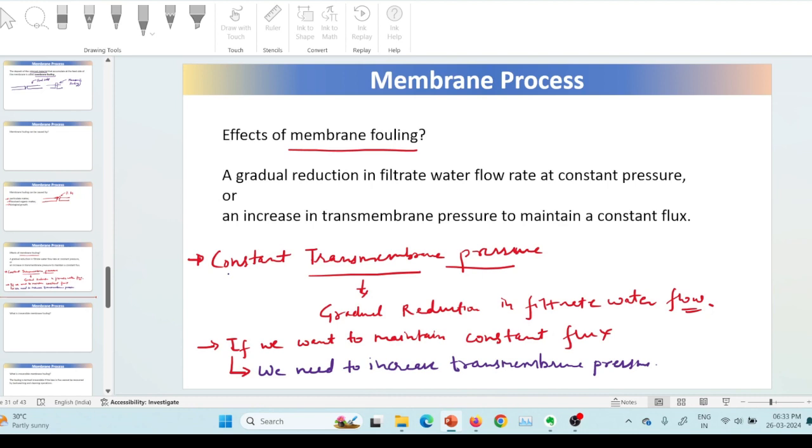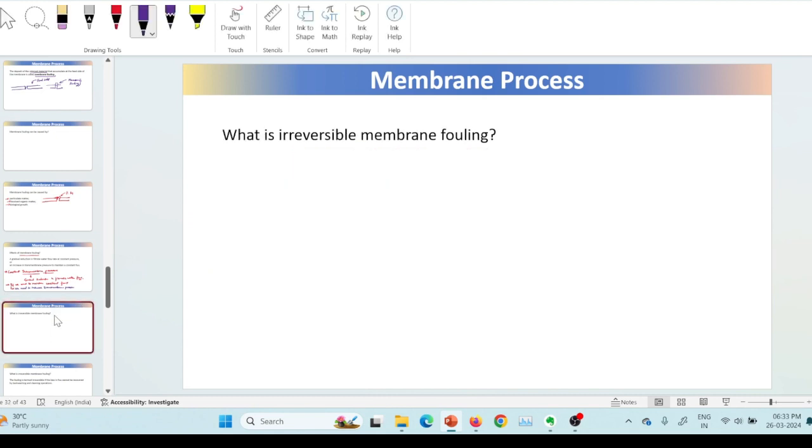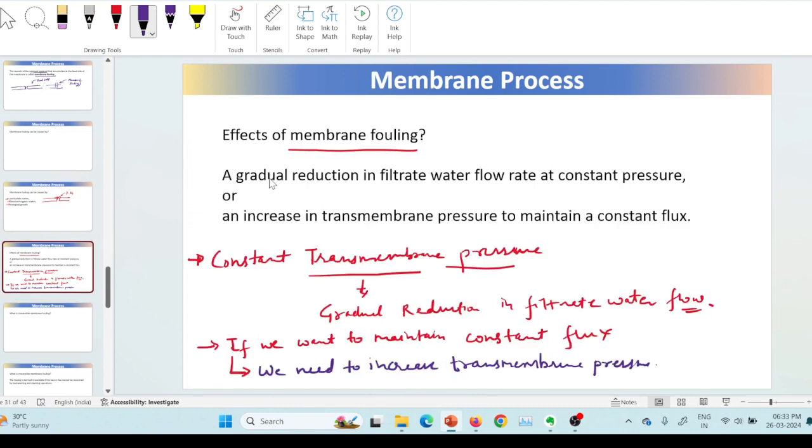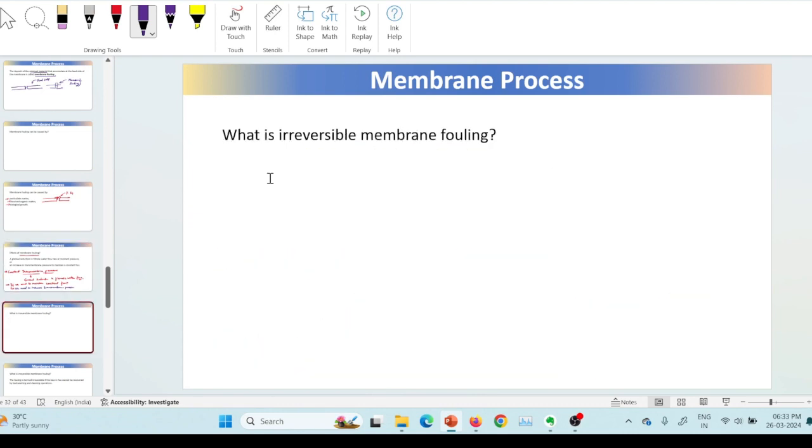So let's proceed further. What is irreversible membrane fouling? We clean the membrane, and sometimes the cleaning will be done, but it will not make the membrane as it was initially.